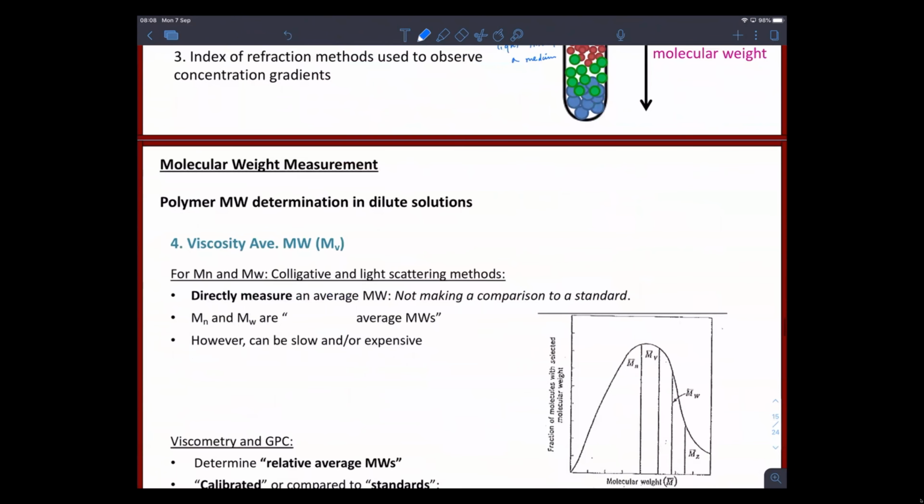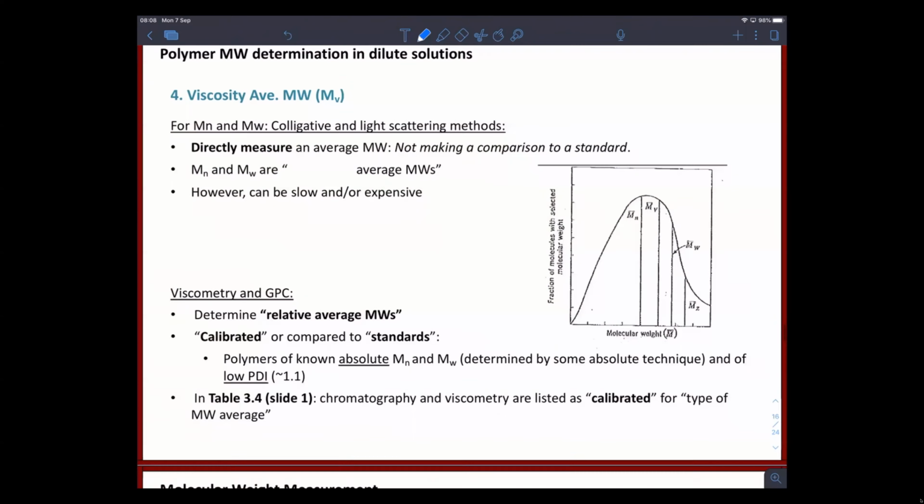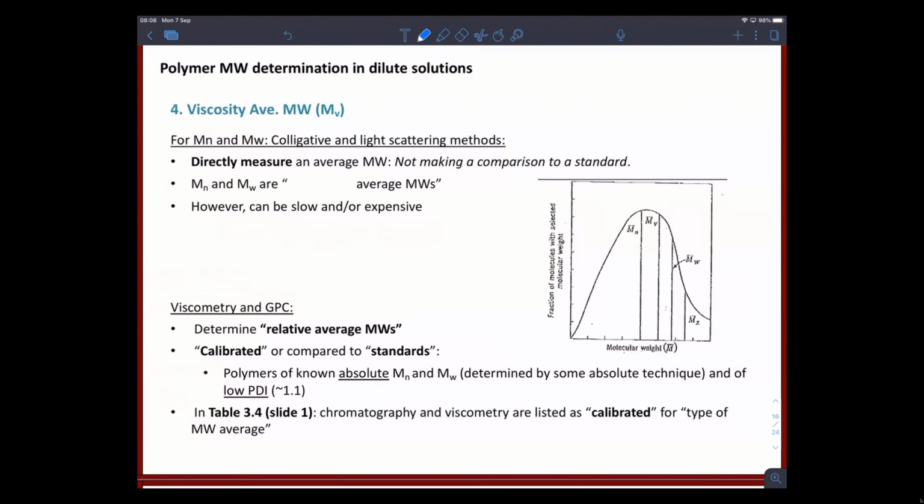Now, for viscosity average, actually, for the number average and weight average molecular weight, we know before that we were measuring colligative properties and light scattering methods. Both of these are direct measures of the average molecular weight, so you don't make a comparison to a standard. We don't run a standard first and try to compare to that. So Mn and Mw are absolute average molecular weights.